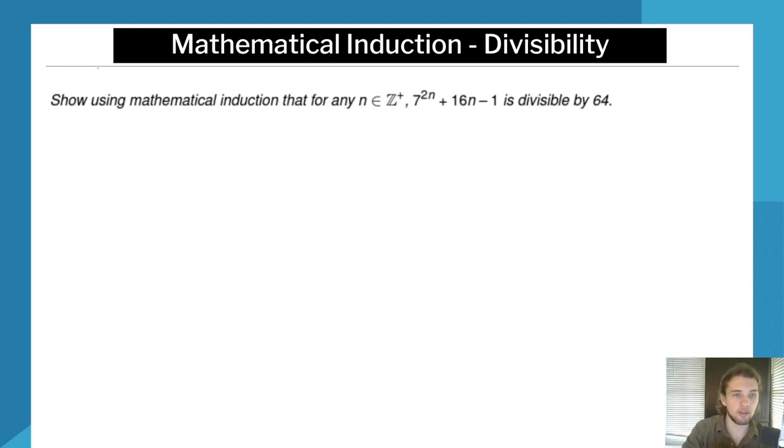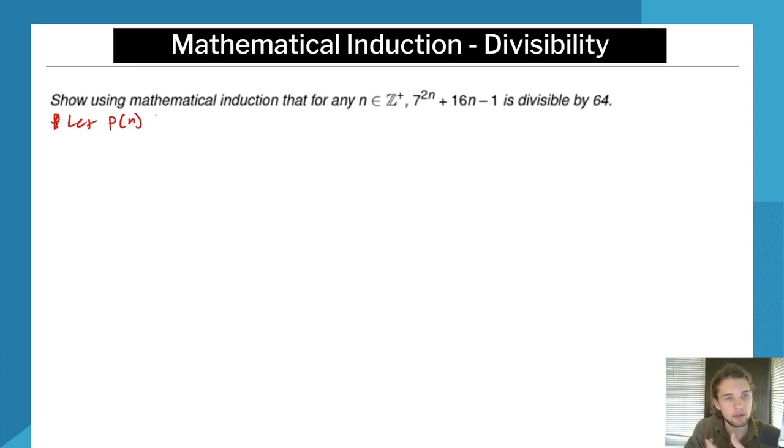Using our mathematical induction rules, we're using a very similar process to what we used before. There are just a few little steps that might change how we do things a little bit, to understand the general process of proving divisibility with mathematical induction.